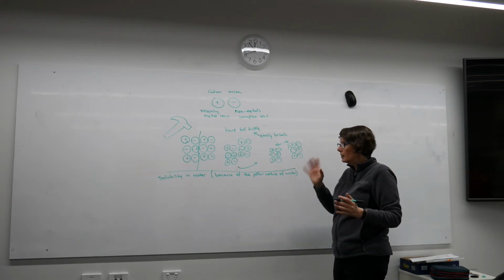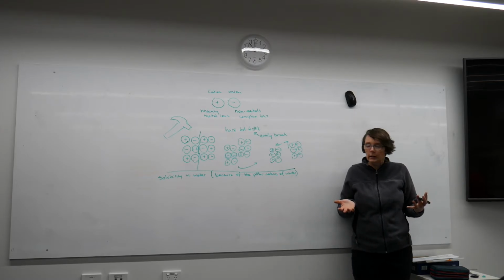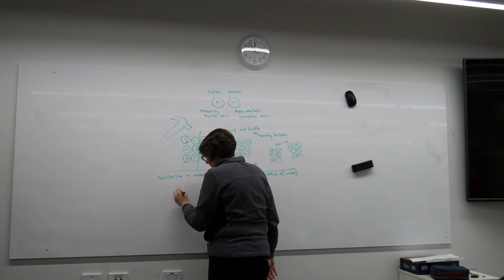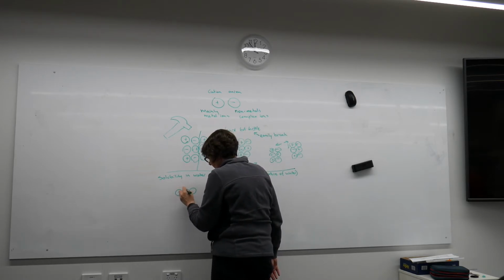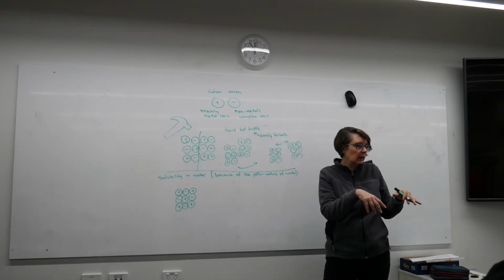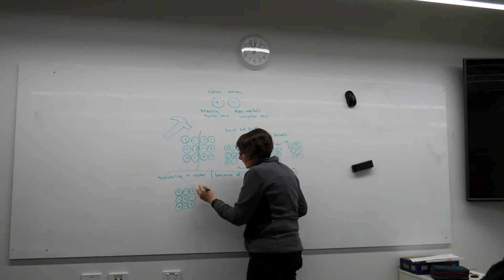So if we think about one that we do know is soluble, like sodium chloride, then what happens is this is a representation of a lump of sodium chloride that I put into water. Then, so here's my water.